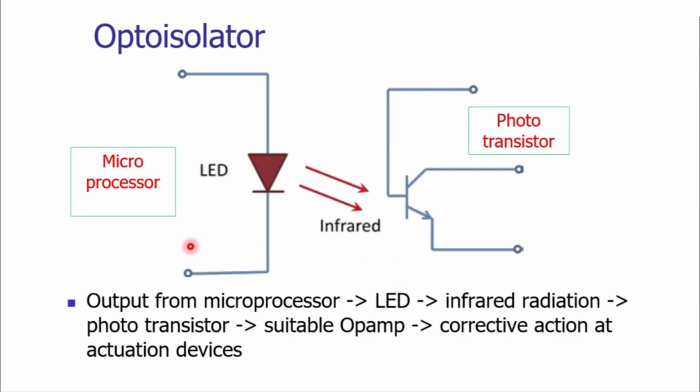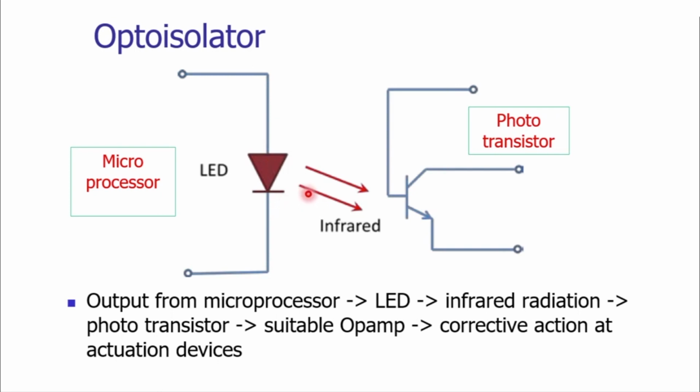Now let us consider that the current flowing through the microprocessor has suddenly increased. Due to the sudden increase in the flow of electricity, the LED will start glowing with high intensity. The intensity of glow will be increased.